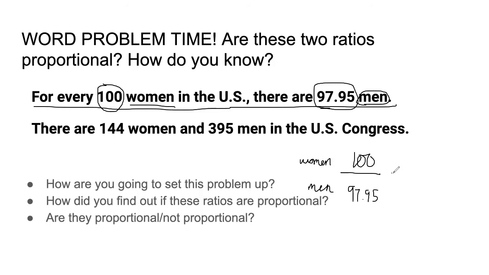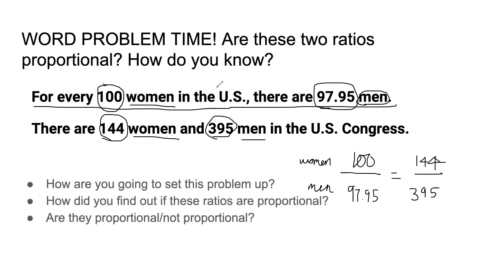And remember, for a proportion, you have to have two fractions that are equal to one another. So there are 144 women, 395 men. Okay. So 144 women, so that's going to go 144 right here. And that's going to go men on the bottom. And that's 395. Okay. So we set up our proportion.